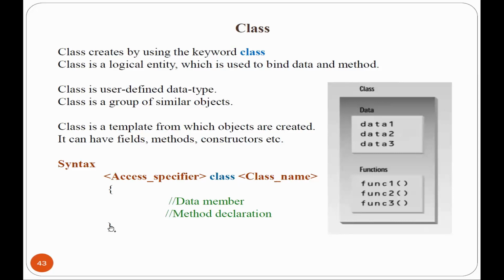Inside the class body, there is an opening brace to start the class, and a closing brace to close the class. Here we have so many data members and method declarations. After that we come to the next slide.